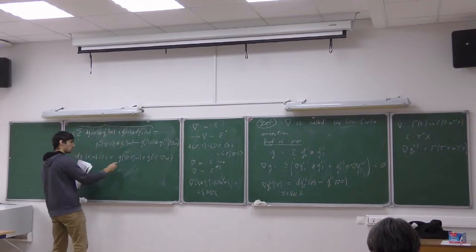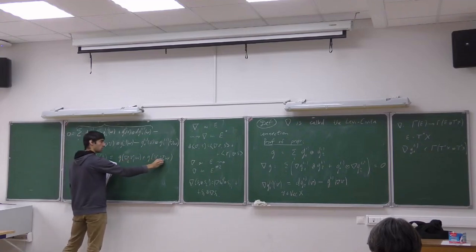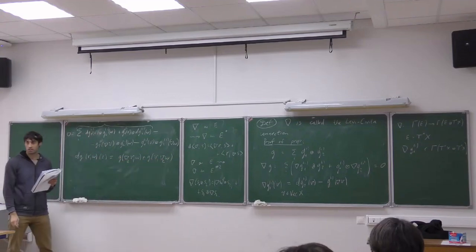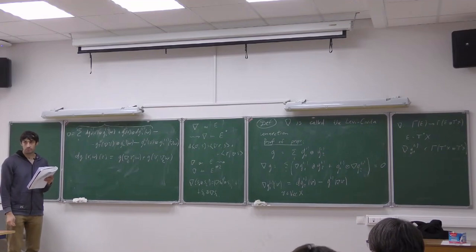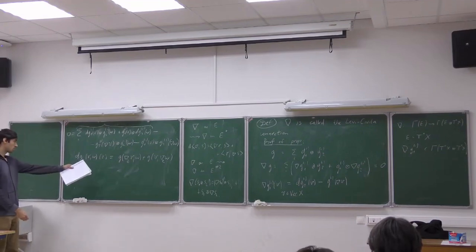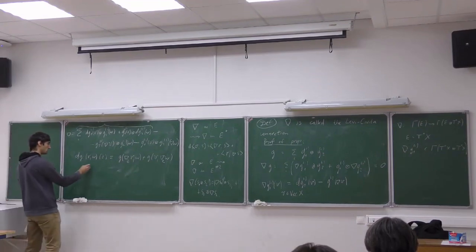So when I put Z inside, it means that I should write it here. But this guy is what?